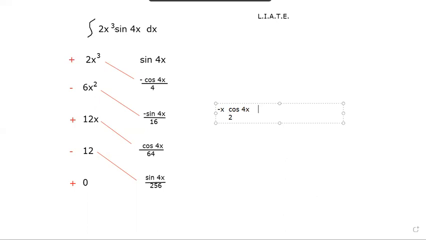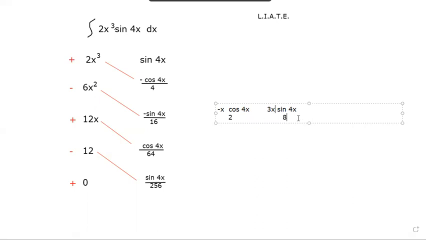All right. My next, 6 over 16, is going to reduce to 3/8. So we're going to say 3x squared sine 4x over 8.